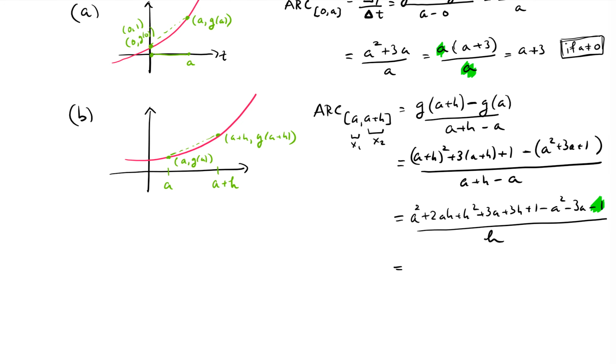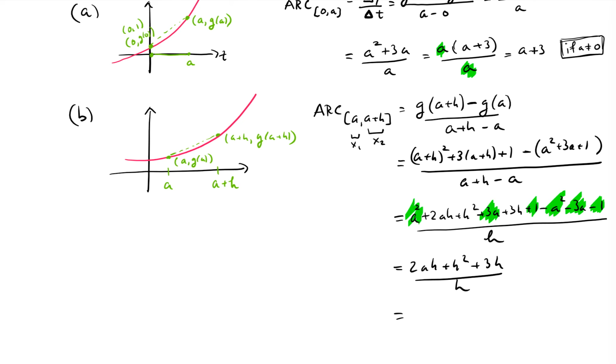So you see, actually, a lot of terms cancel out. See, there's 1 and 1, a squared, 3a, all those are gone. So I'm just left with 2ah plus h squared plus 3h over h.